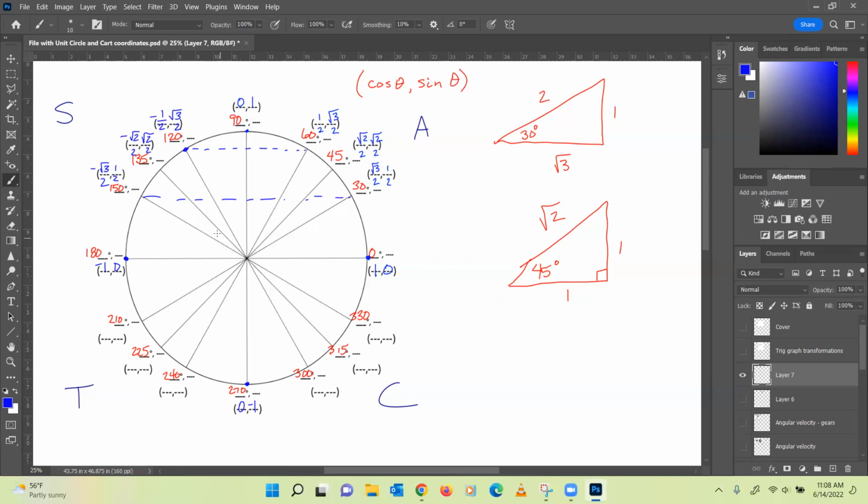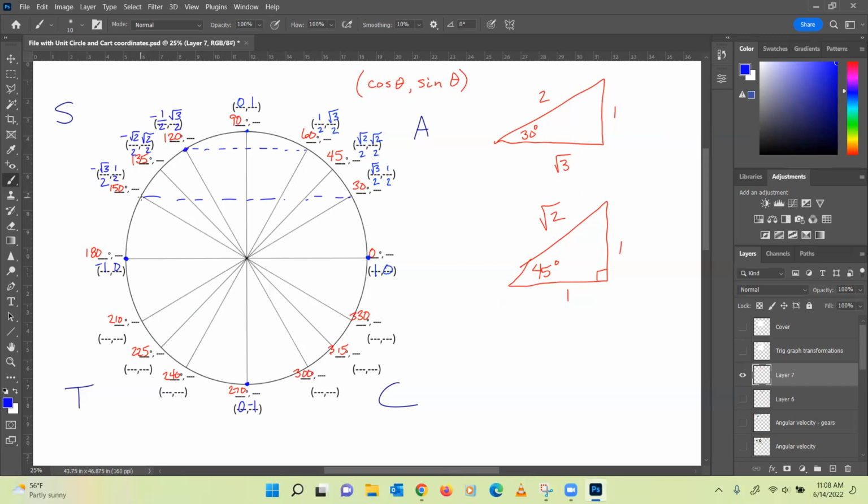Cosine is the x value, and to the left of the y-axis we'll have negative x values in the second and third quadrants, so cosine will be negative there. Cosine is positive to the right of the y-axis. So we'll have positive x values in the first and fourth quadrants, positive cosines. So it all works out that way.